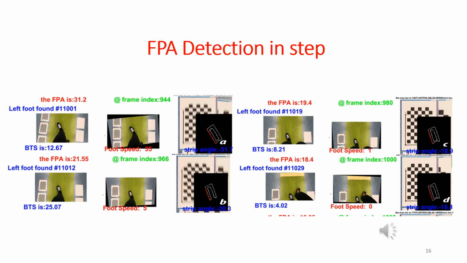Normally, at each step, we can get more than 10 pairs of images with the foot speed calculated equal to 0 or plus or minus 5. So we take the average of the foot speed and the other parameters, to make the result accurate.